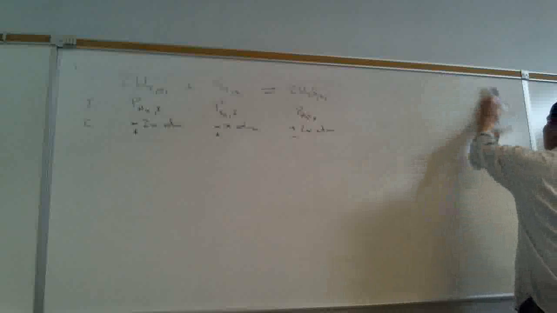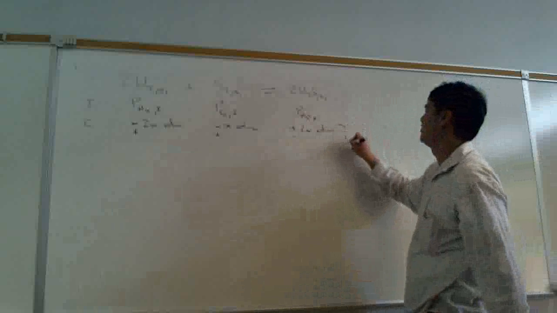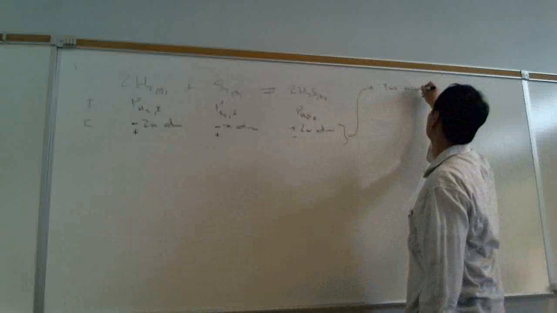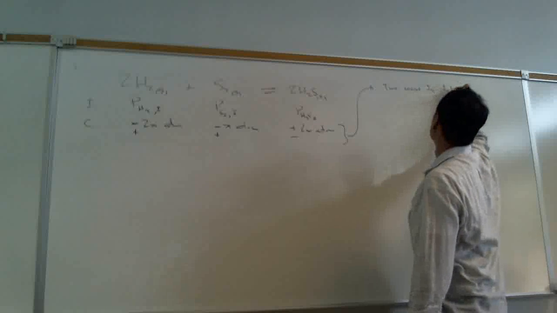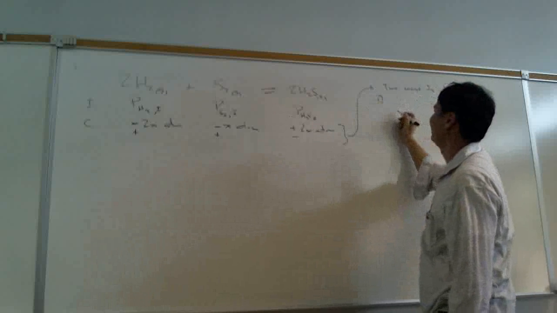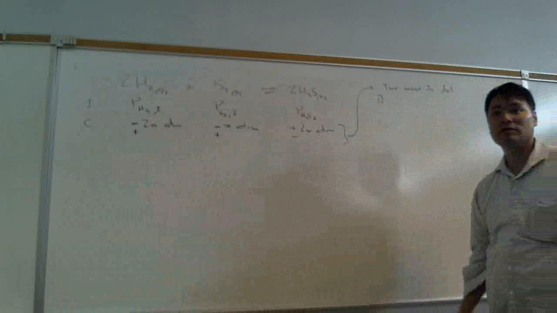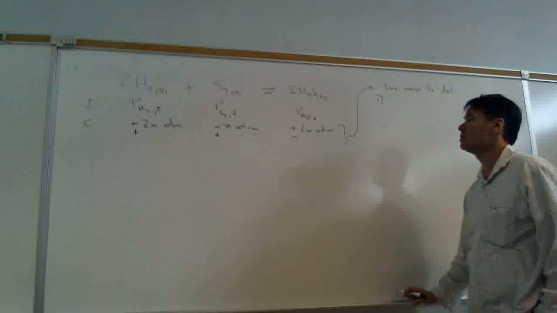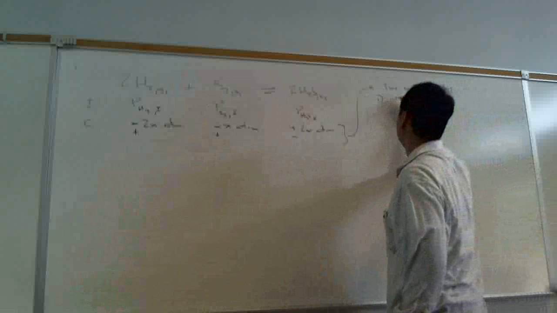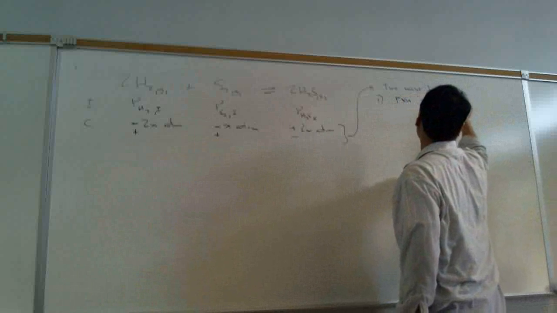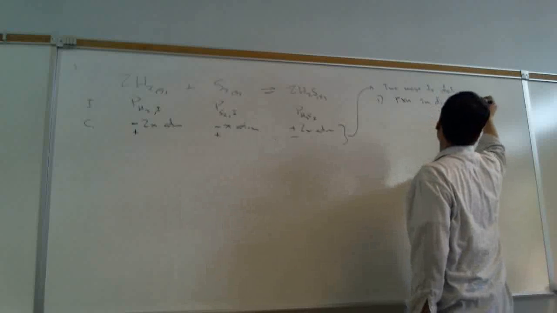I should have talked about it earlier, but how do we know which way it goes? There are 2 ways to determine. The simplest way is 1: the reaction goes towards the 0 values, so the reaction goes in the direction of 0.